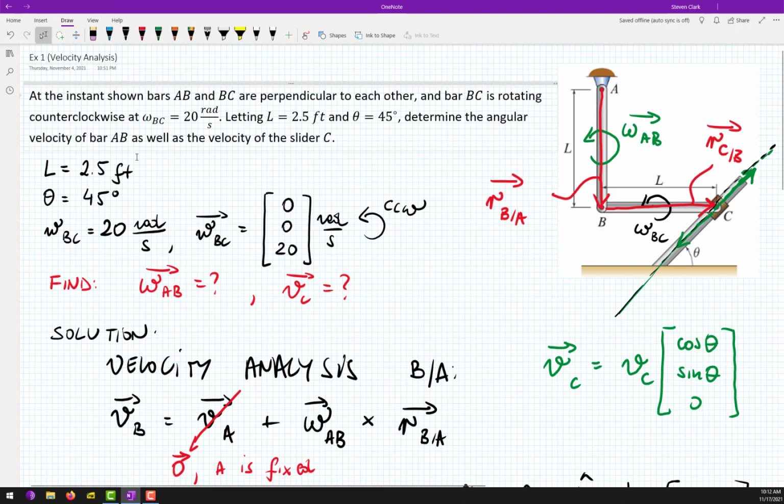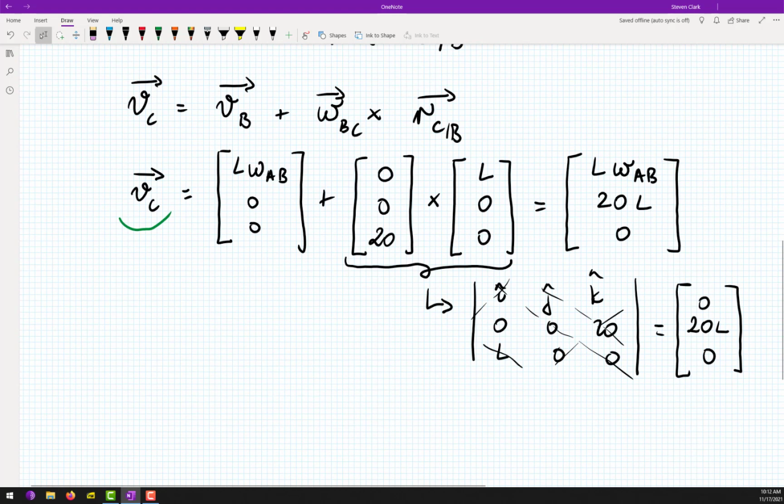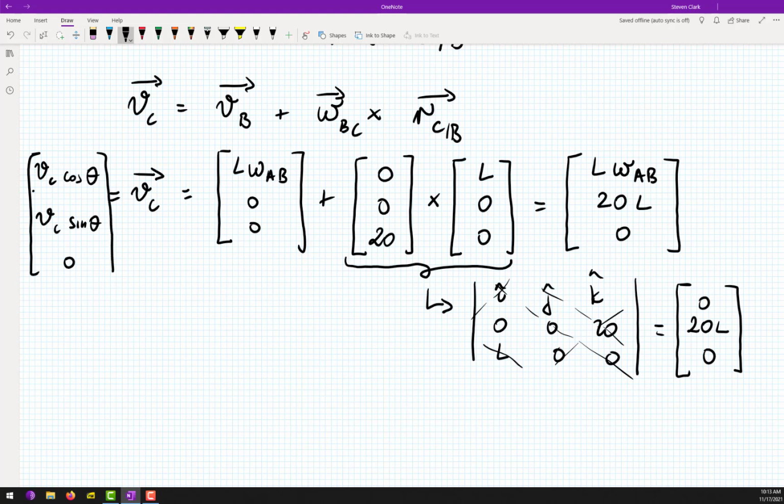Okay, so let's just plug this value in here. So we have VC cosine theta, VC sine theta, 0. Okay, and we ended up with two equations, yes? This equation and this equation.